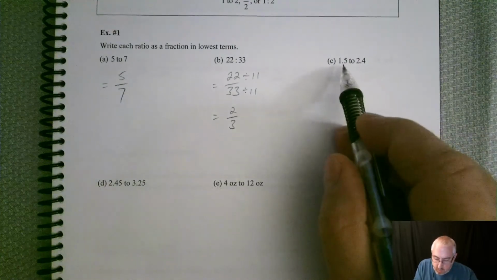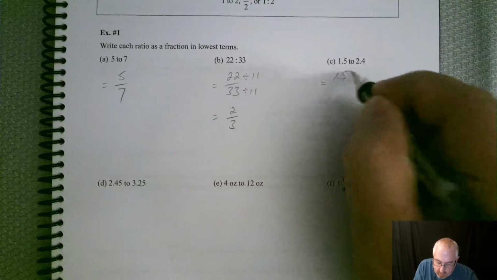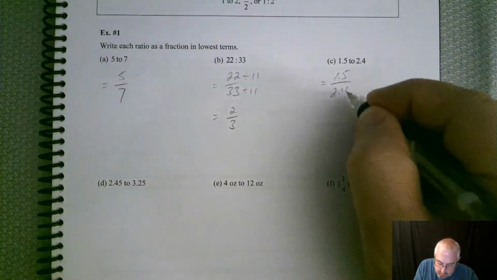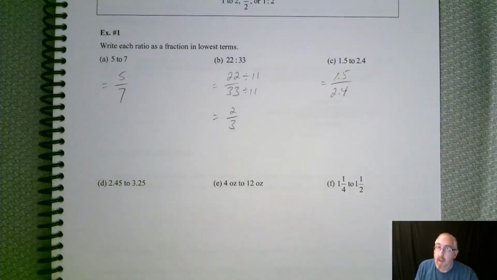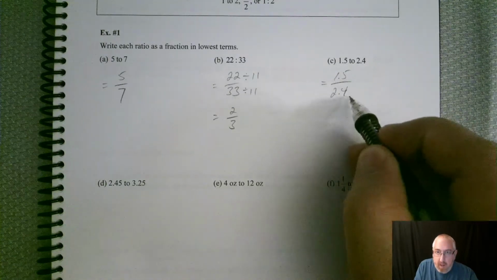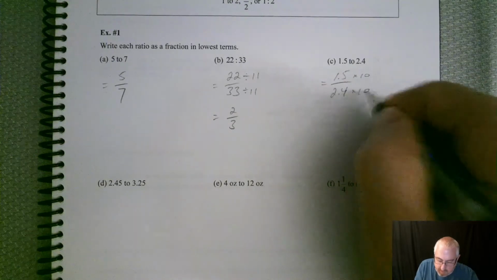So something like this one, 1.5 to 2.4, we would still start it off the same way and put one over the other. But now the problem is we have these decimals in there. How can we get rid of those decimals with a nice quick multiplication? If we wanted to move that decimal point over one spot, we could multiply by 10.